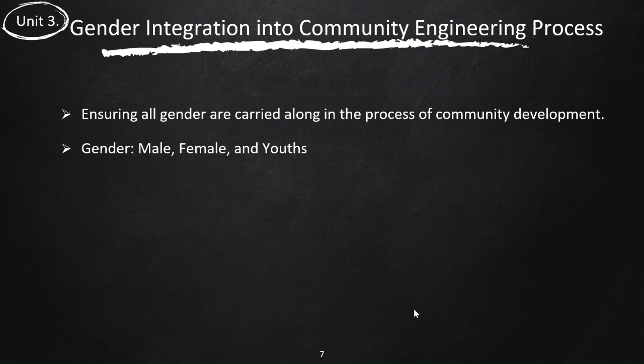In our own locality here in Nigeria, there are many other gender categories which we don't consider here. For now, male, female, and youths are well represented. They represent every group of persons in our own local environment. You go outside the developed world, they have other categories, transgender and all that, but we don't do that.